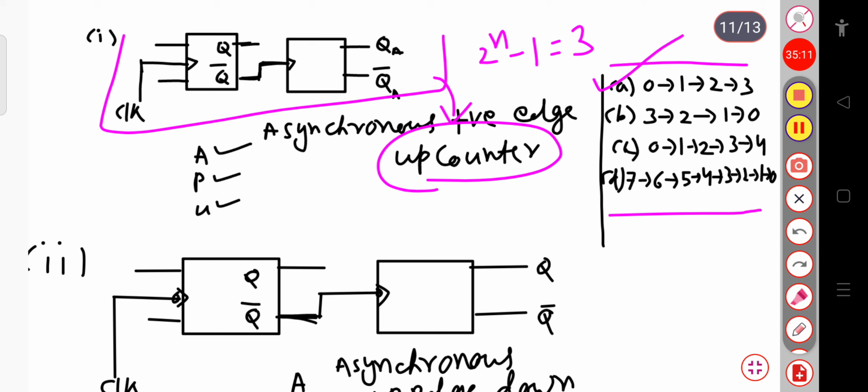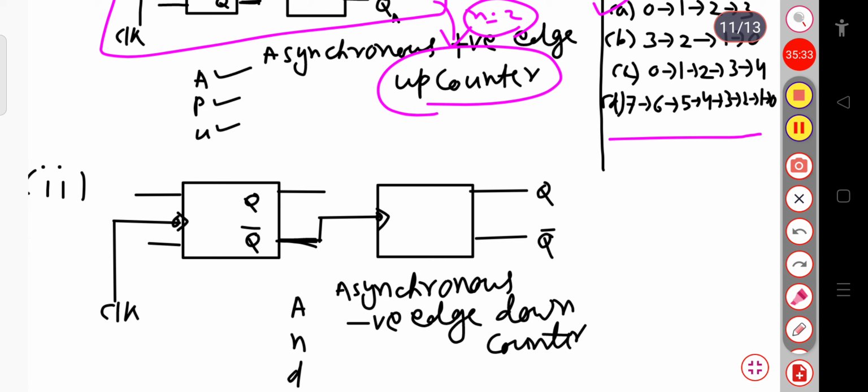That is, in case of up counter, it will count from low to the high value, and total 2 flip-flops are used, that is n equal to 2 here. So 2 power 2 minus 1, that is 3, it will count up to 3. And in the second case you can see there are also two flip-flops, that is 2 power 2 minus 1, here also it will count up to 3.